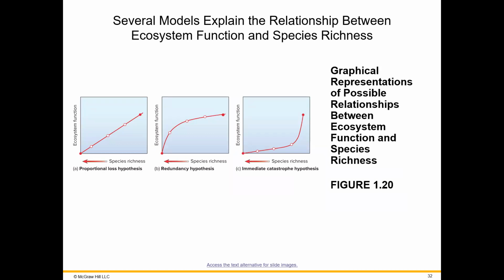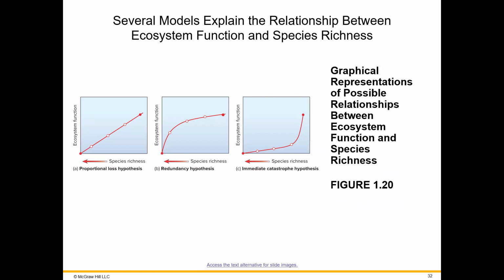ecosystem function decreases proportionally. In the redundancy hypothesis, ecosystem function would decrease slowly as species are lost. Only when diversity is very low does ecosystem function drop meaningfully. This means that many species are functionally redundant.